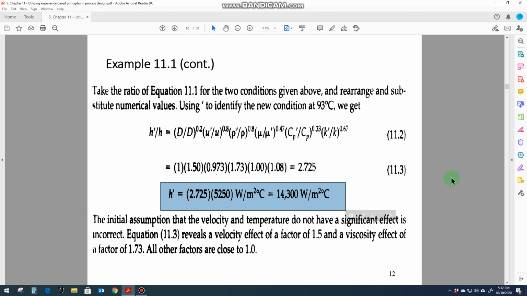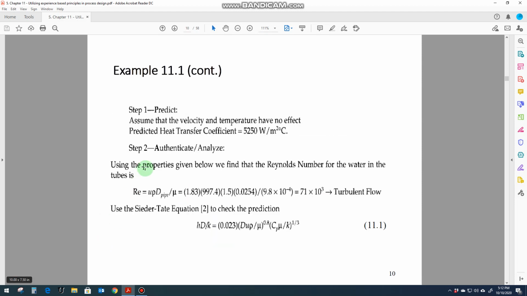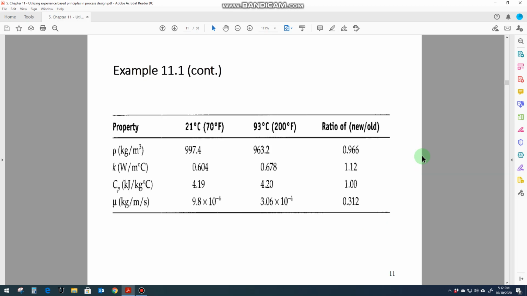Now what is our main aim here by doing this kind of analysis? The initial assumption that velocity and temperature do not have significant effect is incorrect. The first assumption that we made here, the velocity and temperature have no effect on the heat transfer coefficient, this assumption is wrong. Why?